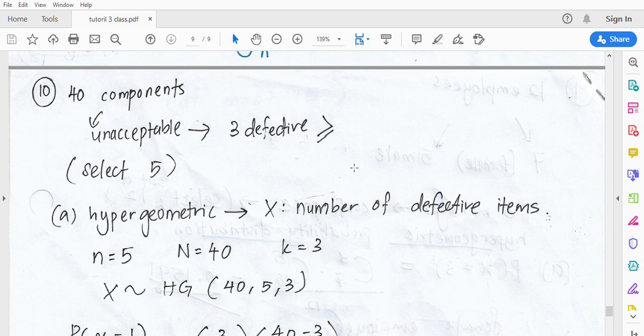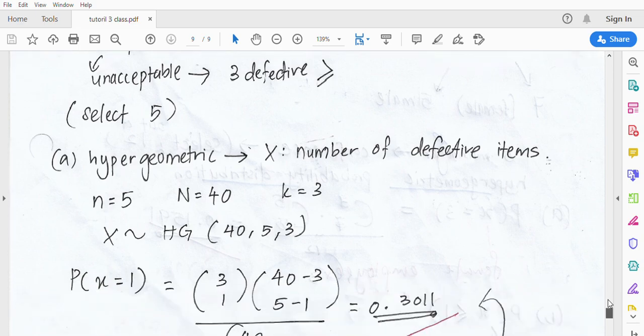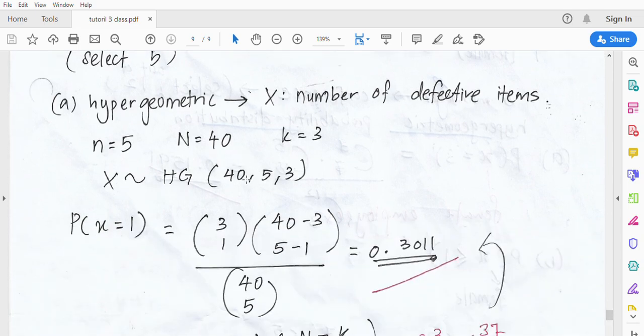The procedure is to select 5 components at random, so they select 5 from the 40, and to reject the lot if a defective is found. Defective here means 3 or more. So k is 3, big N is 40 and small n is 5. This is the way of writing the hypergeometric for 40, 5 and 3.